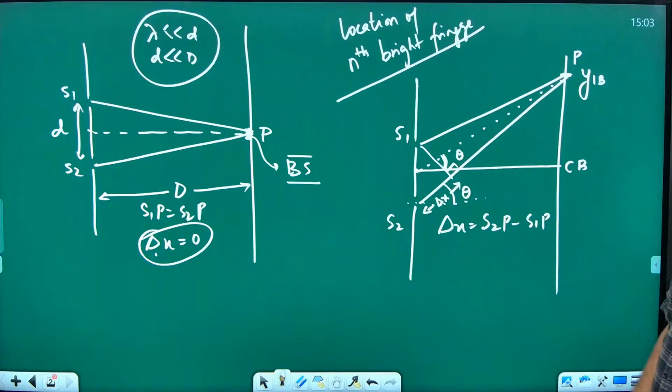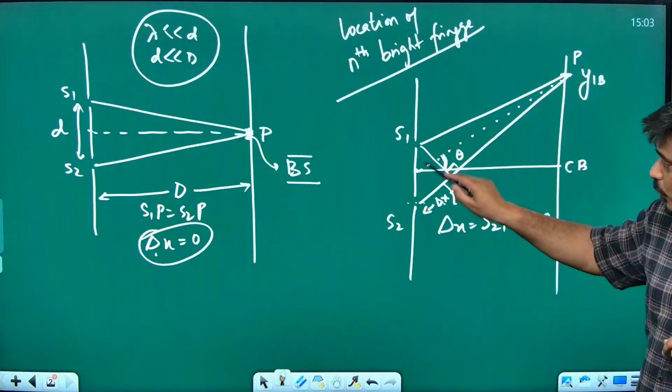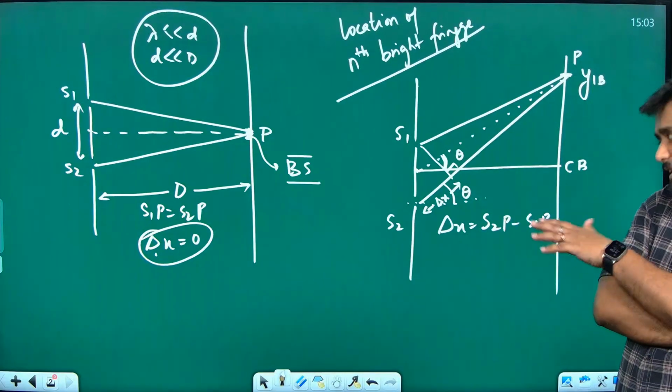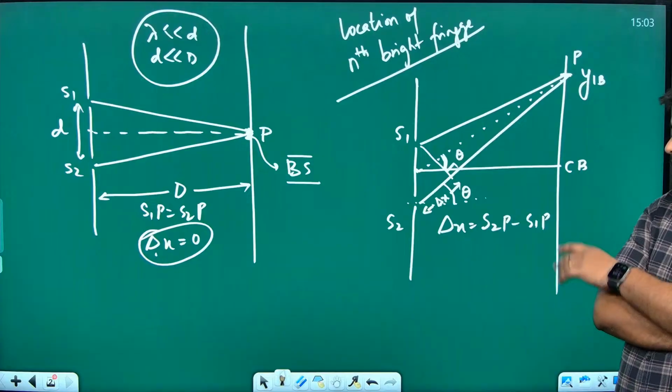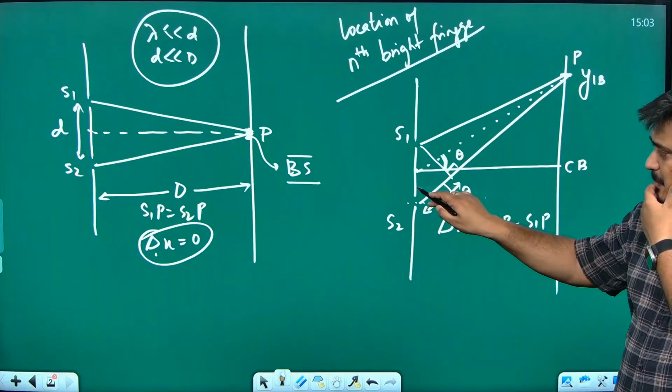Why do I say so? Because these lines are not very far from each other. I told you the distance between the slits is in millimeters. So if these points are too close, then these angles will be almost the same, not exactly the same. If this is theta, this will be 90 minus theta.